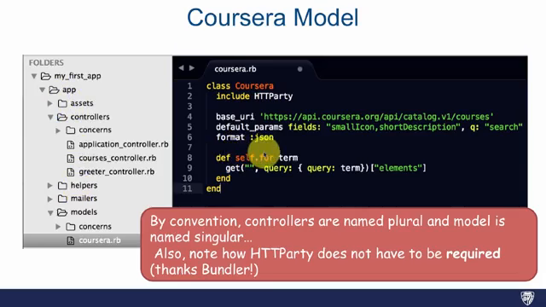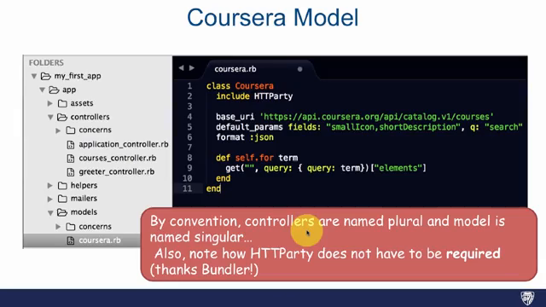And we could just paste in the example from the httparty integration lecture earlier. The difference being that in this case we're not actually requiring httparty because the bundler already loads that gem in for us when the application starts up, so that's great.